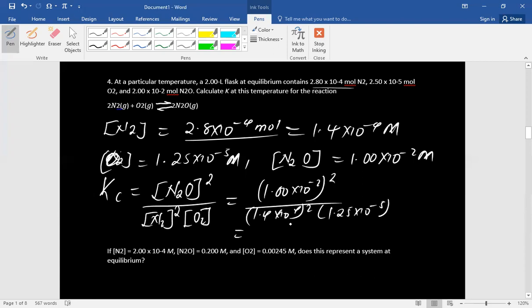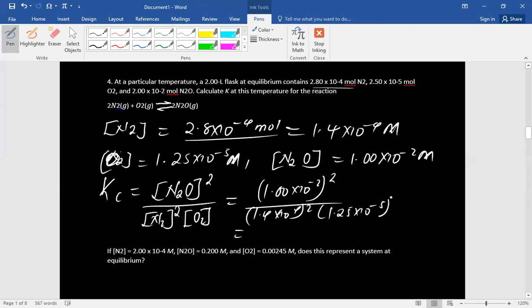And that's going to give us what? We multiply the bracket 1.4 exponent negative 4 squared by 1.25 exponent negative 5, and that gives us 2.45.